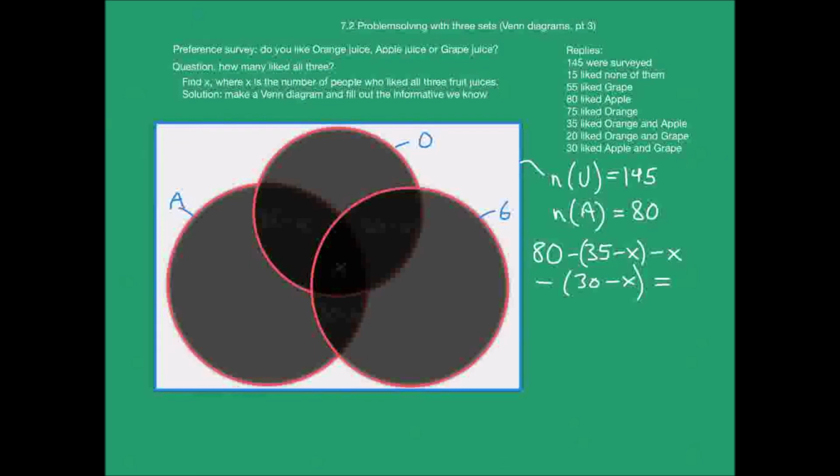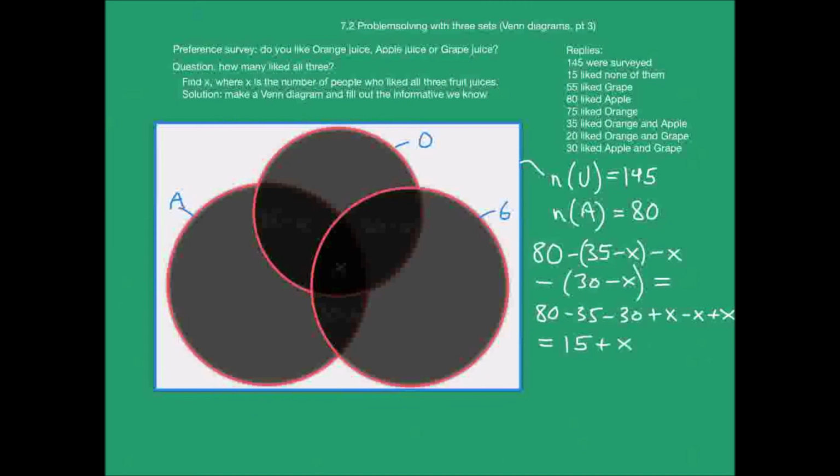Okay, it's going to look like something like this. 80 minus 35 minus 30 plus x minus x plus x equals, that's going to be 15 plus x.